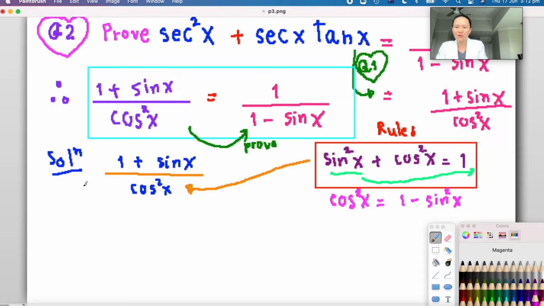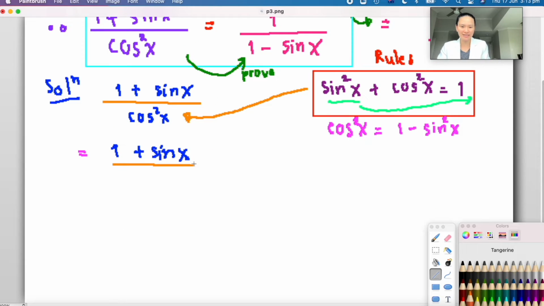Okay, so from here I have 1 plus sine x divided by, because cos x squared equals 1 minus sine x squared, so I'm going to write out 1 minus sine x squared. Don't forget that you have the square here.